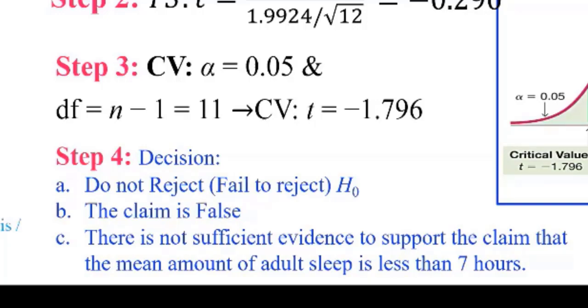I hope everybody understands why it becomes false. And for the wording, you just use the universal wording: there is, or in this case, there is not sufficient evidence to support the claim that the mean amount of adult sleep is less than 7 hours.